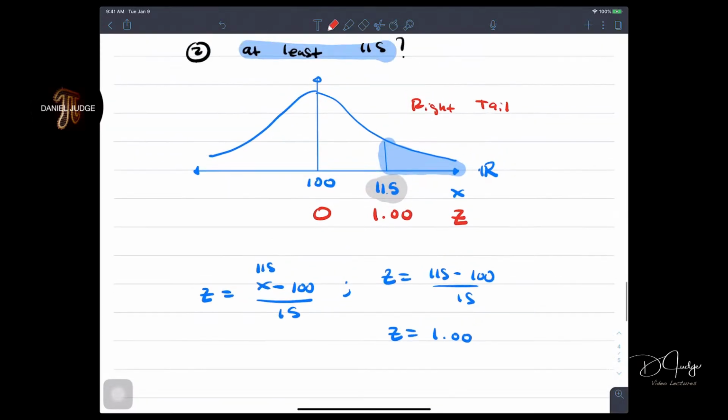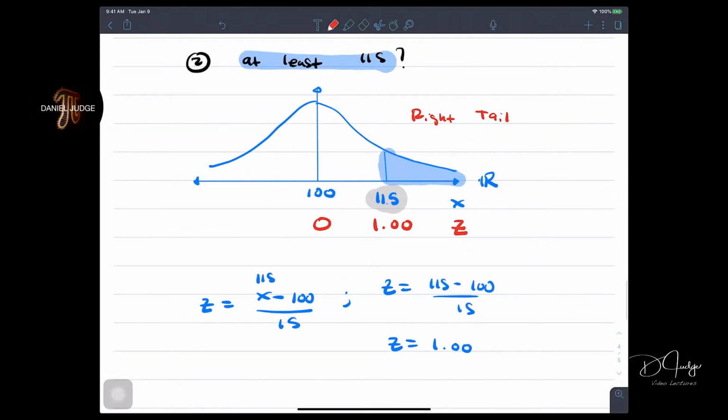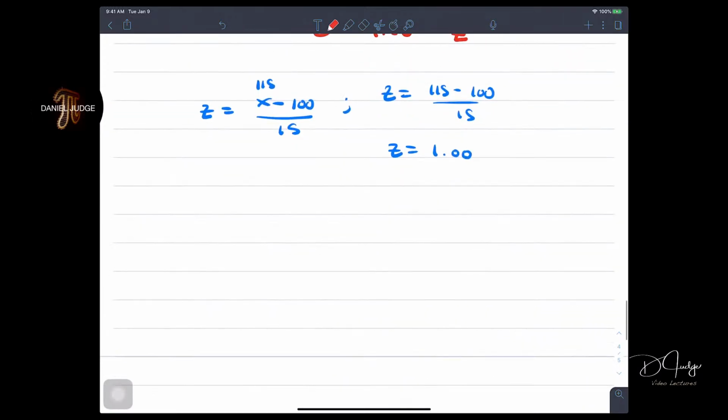So here's the picture I usually draw. I draw my x values, and below I put my z values, and now I play the game. What game? What percent of the bow is shaded? That's the game we play.